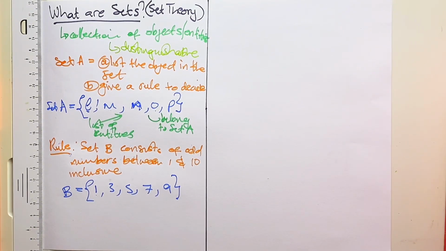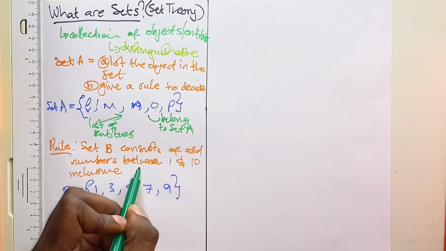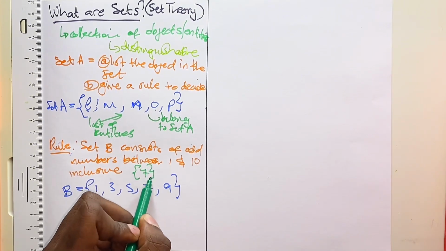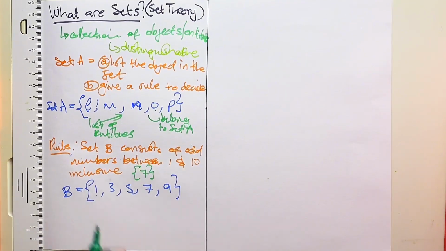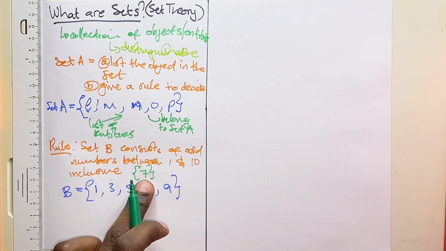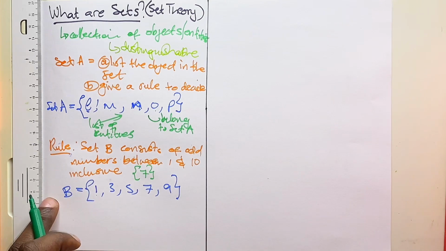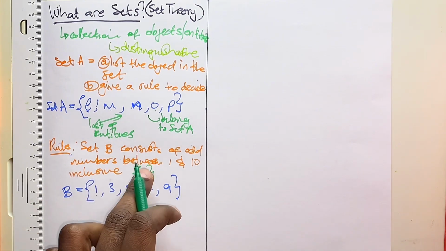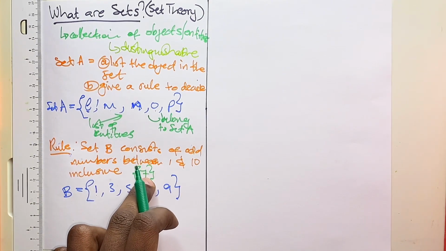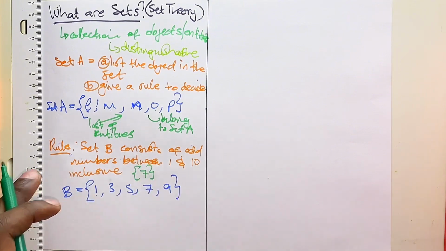And if I got 7 as the result of maybe an experiment, then I can say yes, 7 belongs to set B. Why? Because 7 is an odd number and it is between 1 and 10.